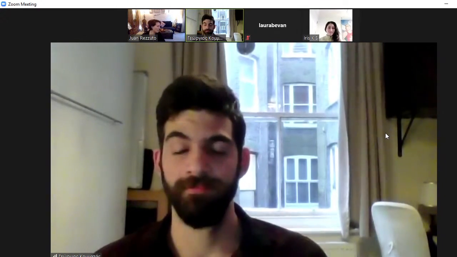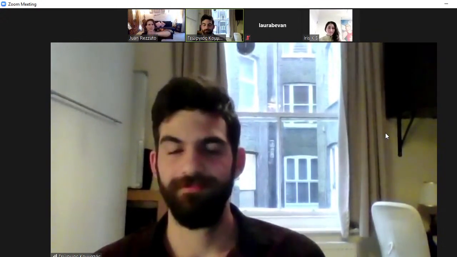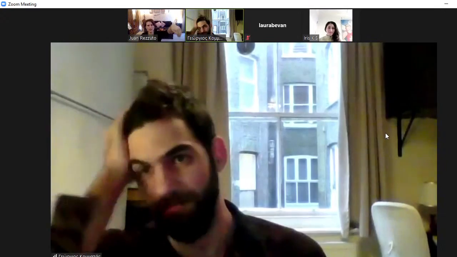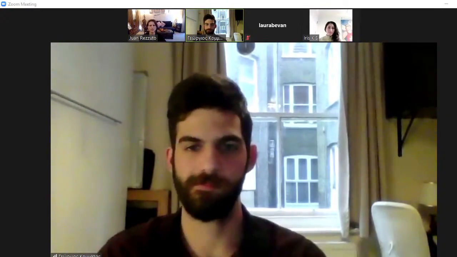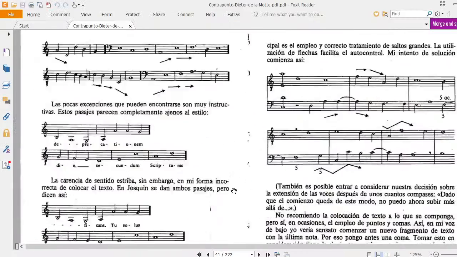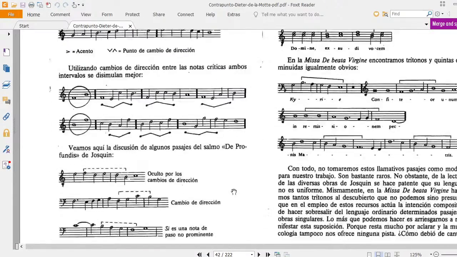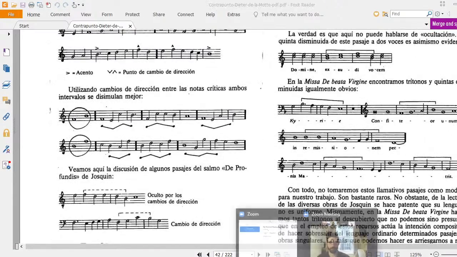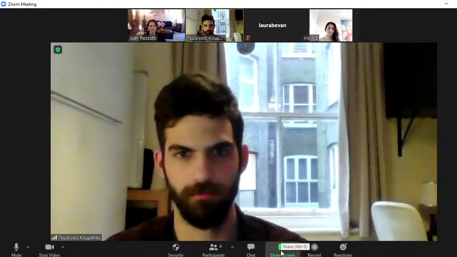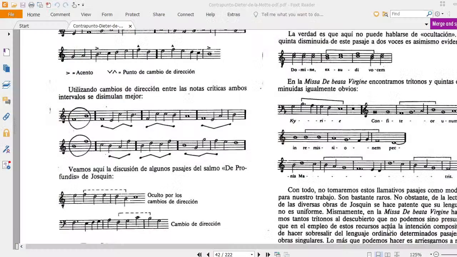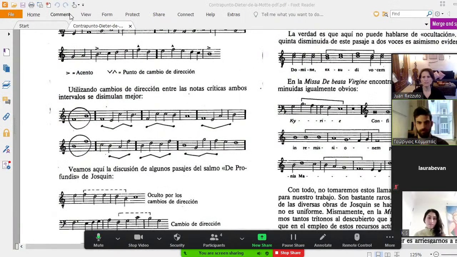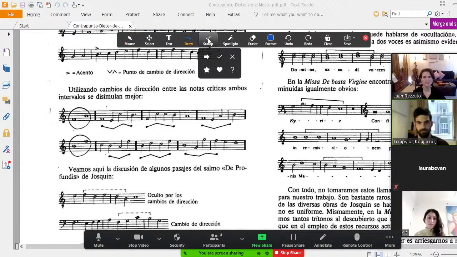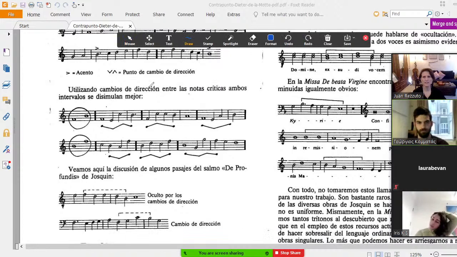Forbidden in any way. Remember that when you change the direction of a melody, you cannot leave this interval uncovered, like that.